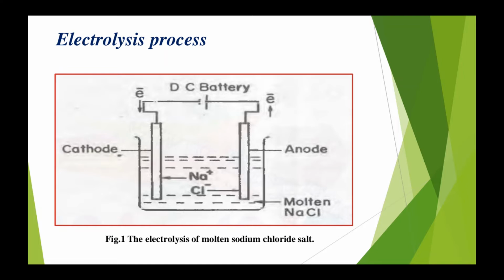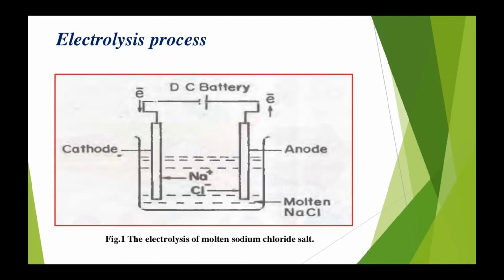Thus the external circuit feeds electrons into the medium at the cathode only. These electrons are consumed at the cathode by the positive ions, or cations, since they migrate to the cathode, and are released by the negative ions of the medium at the anode. So this is the electrolysis process, which is the basis of electrochemical machining.